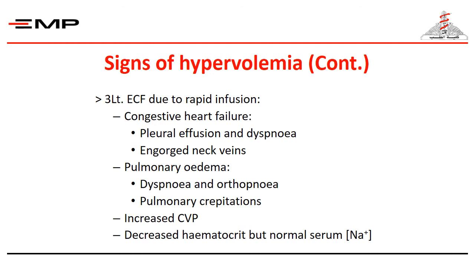If the rate of development of hypervolemia was rapid, the heart is overloaded with extra volume and congestive heart failure develops. The added fluid will dilute the cellular and protein components of blood, resulting in decreased hematocrit.